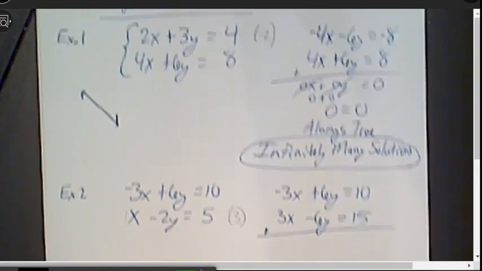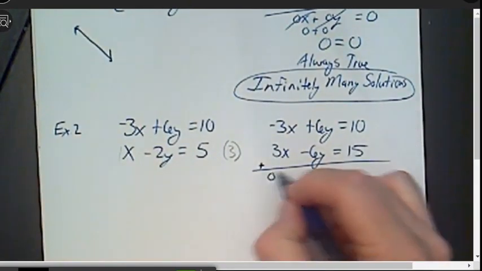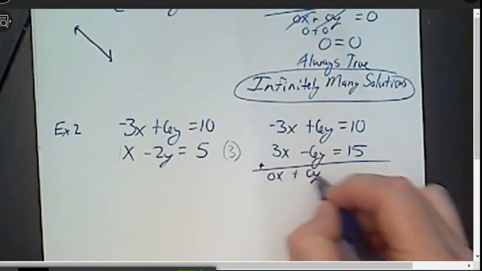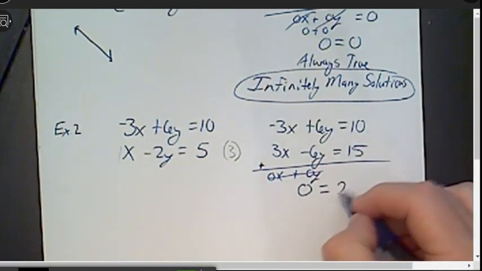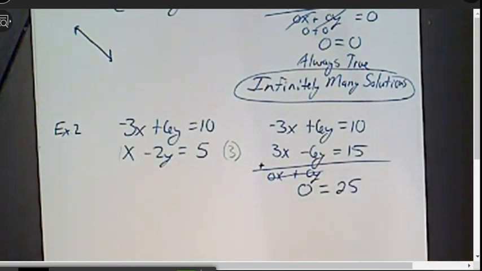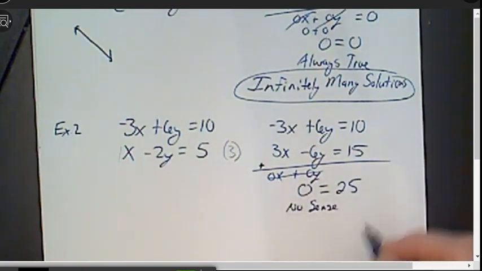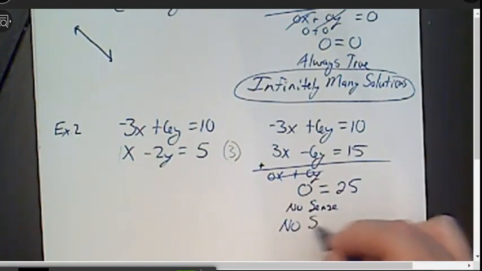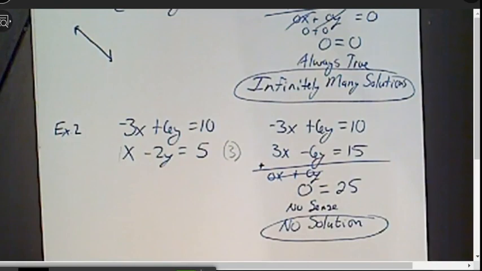Okay, for this one, we'll do the same thing. We're going to add these two equations together. You get 0x, you get 0y, which again basically means this side goes out to be 0. But on this side, you get 10 plus 15 equals 25. If this doesn't make any sense, then that means it has no solution.